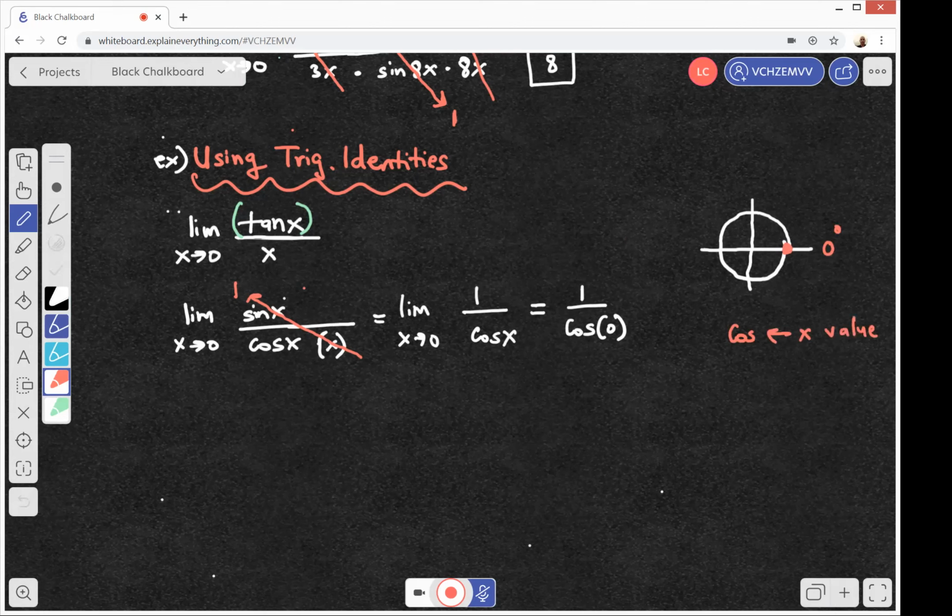The x value of the red dot is 1, because this is a unit circle. The radius of the circle is 1. So cosine of 0 is 1. And so my answer is 1 over 1, which is 1. So that's that problem. Moving on to our next example.